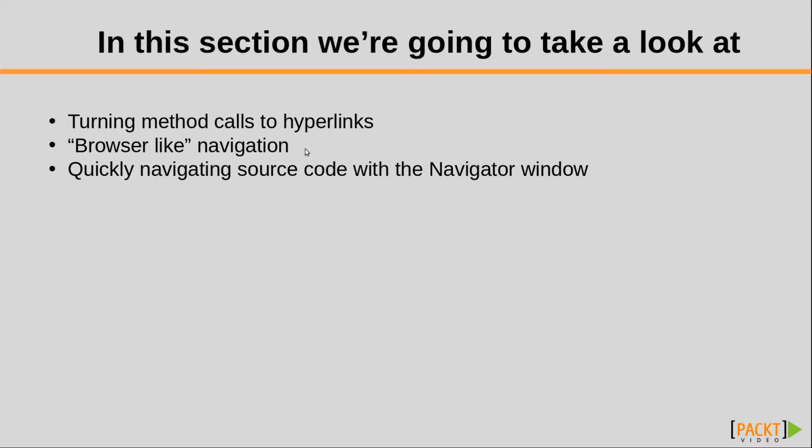Just like in a browser, we can go back and forth in our browsing history. In NetBeans, we can go back and forth between sections of code or files that we've been looking at. And we'll see a very handy feature of the NetBeans IDE, the navigator window, that allows us to quickly navigate to sections of code within a source file.